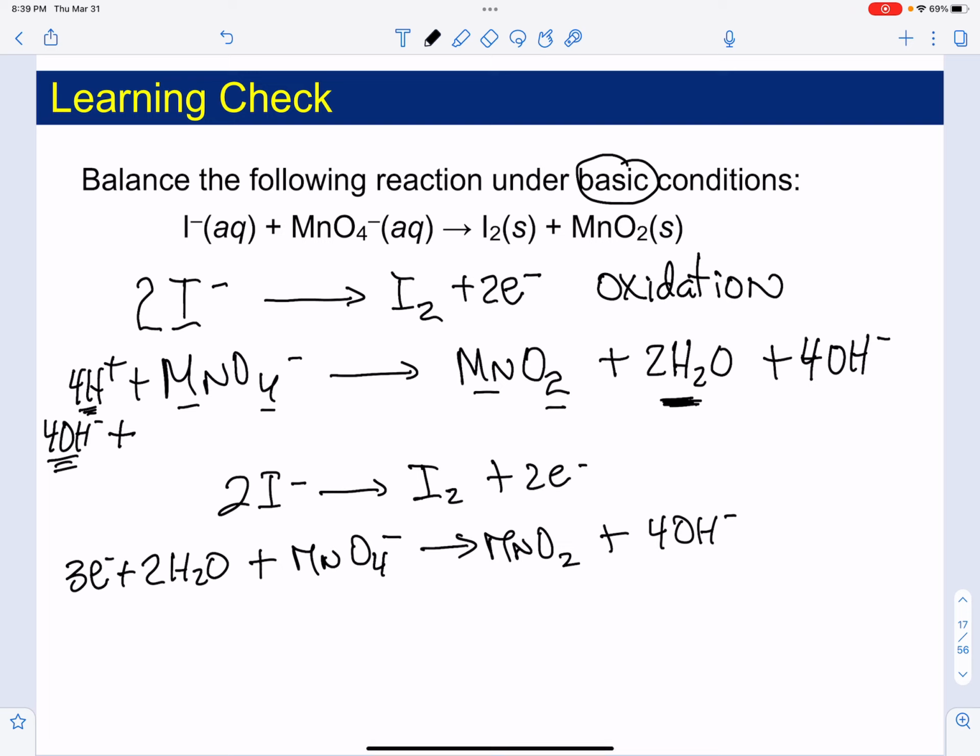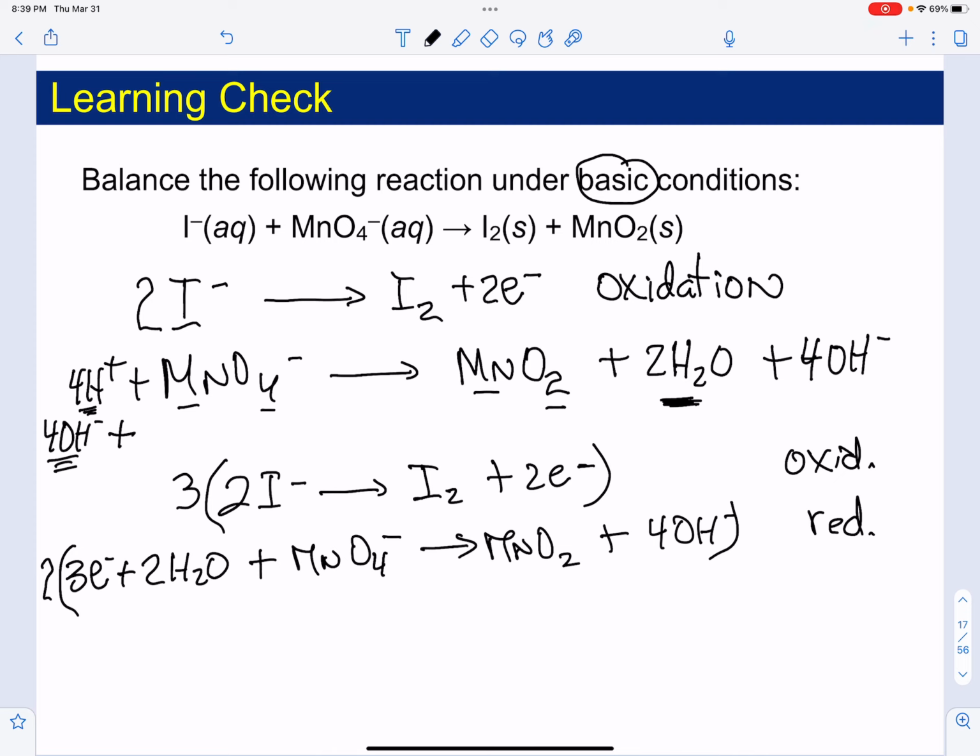But as you notice, we have 2 electrons on the oxidation and 3 electrons on the reduction. So how are we going to fix that? We're going to multiply the first one everything times 3, so we get 6 electrons. And on the second one, we're going to multiply everything times 2, so we get 6 electrons.